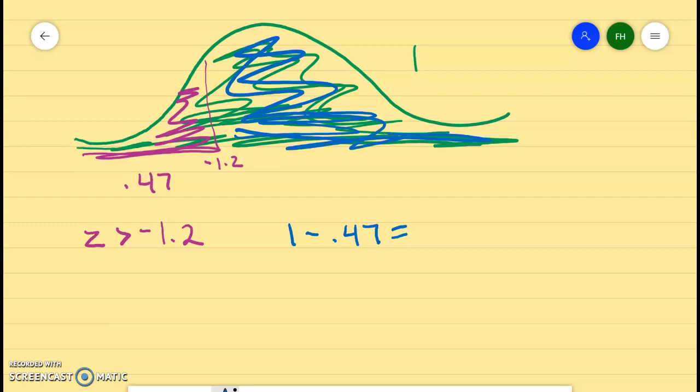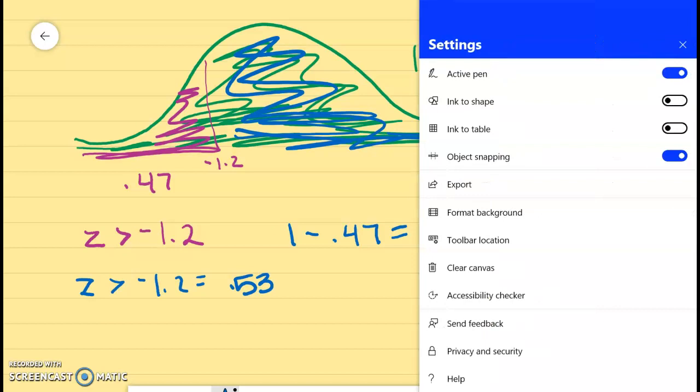If I subtract out the side that I don't want included, that gives me the side that I need. So z greater than negative 1.2 would equal 0.53. Just a little something to get you started when you're looking at these tables.